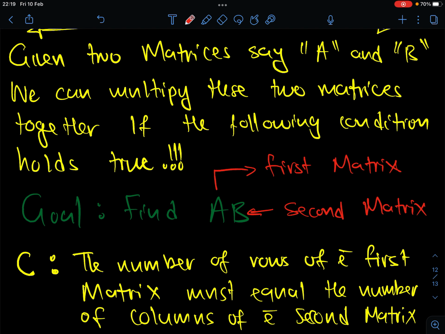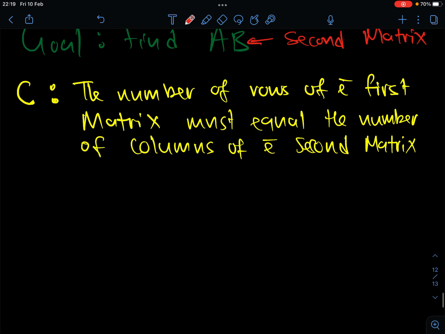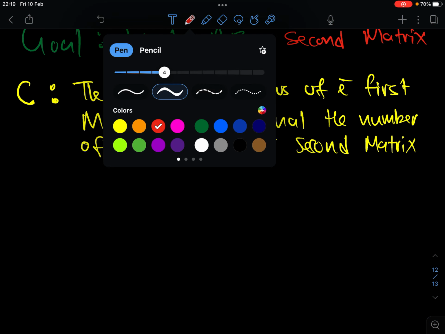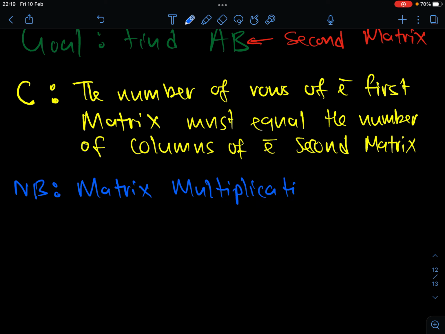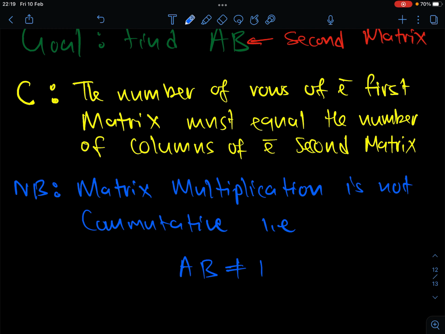You see that? The other thing you should know about matrix multiplication is some important results. Matrix multiplication is not commutative. What we mean by this is that the product AB is not equal to the product BA.